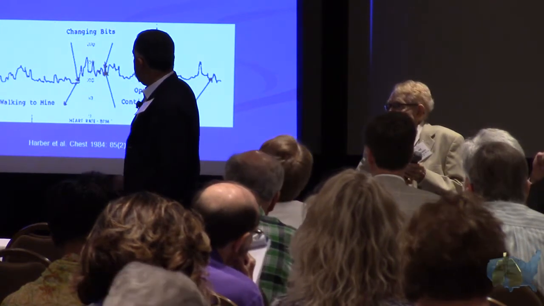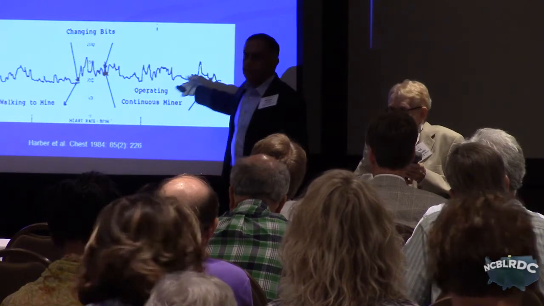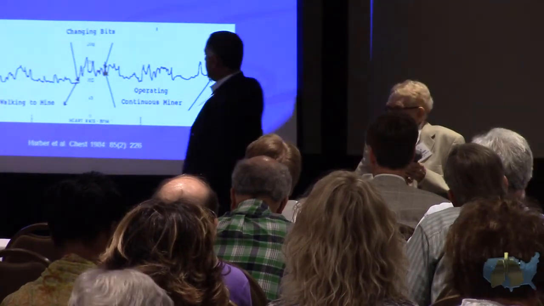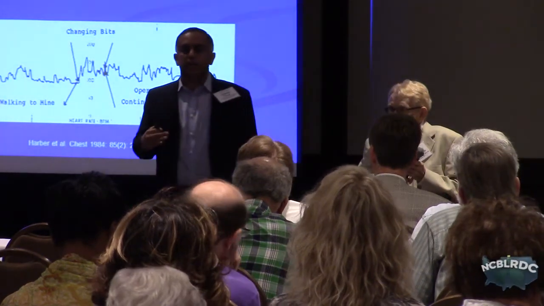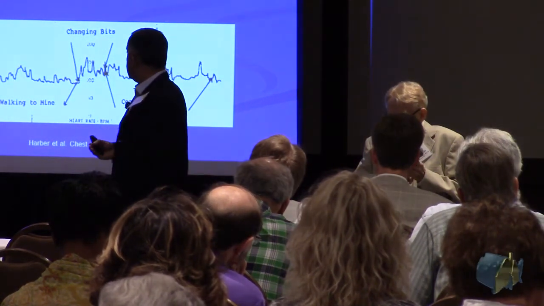As you can see, most miners work with heart rates at this level, suggesting that they don't work at very high intensities. But for a minority of time, their heart rates climb up to very high levels, suggesting that they need to do very vigorous activity.